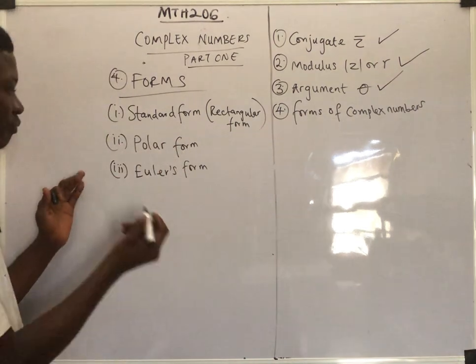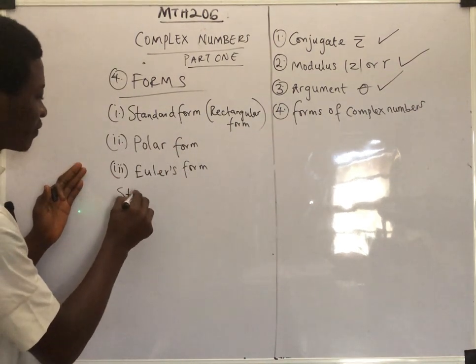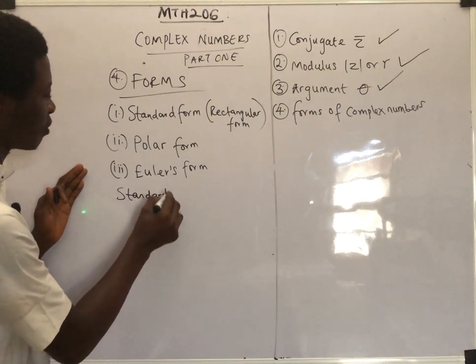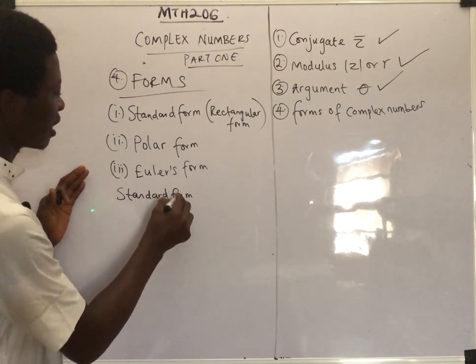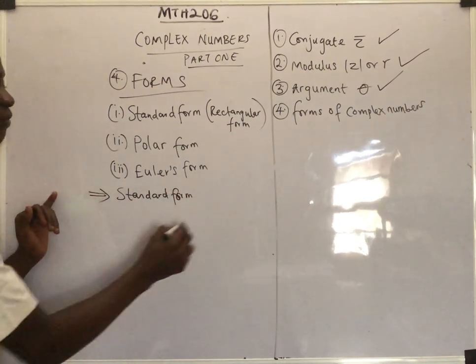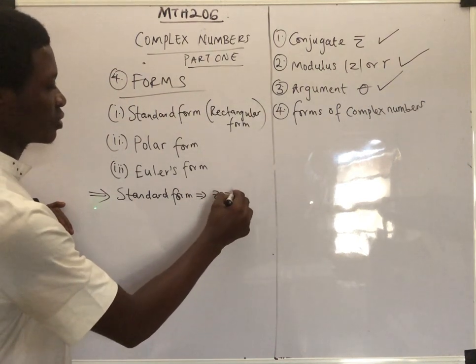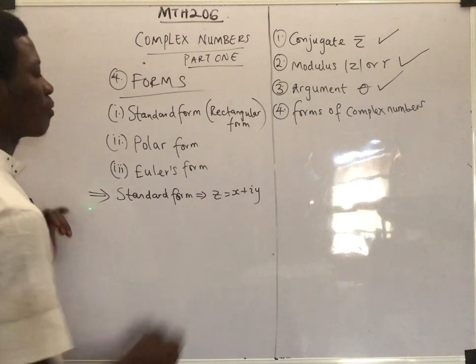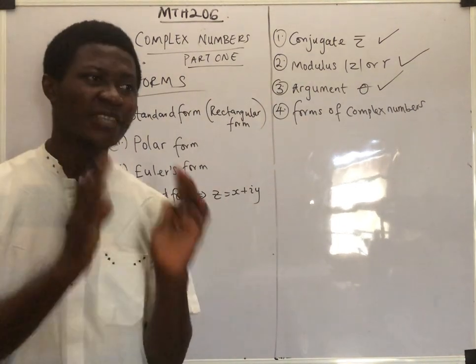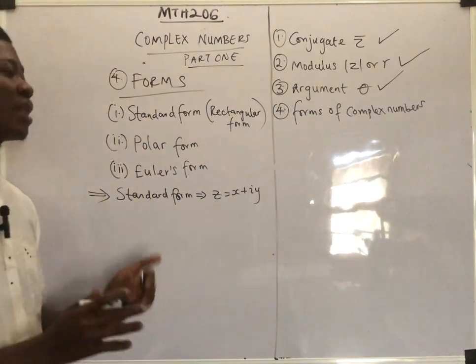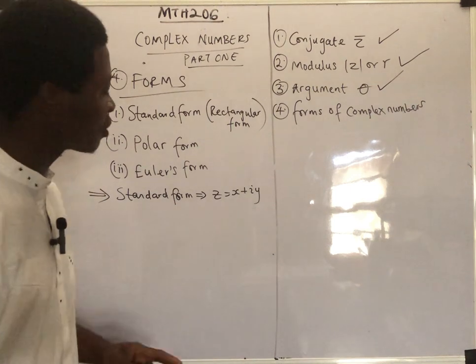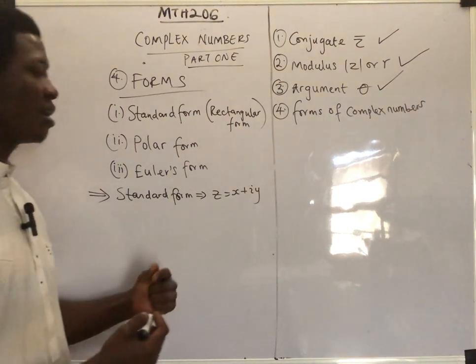So standard form, which is also known as the rectangular form. We already said that the standard form is z equals x plus iy. So this is actually the standard form of a complex number. From this form, you can convert it to any other form.